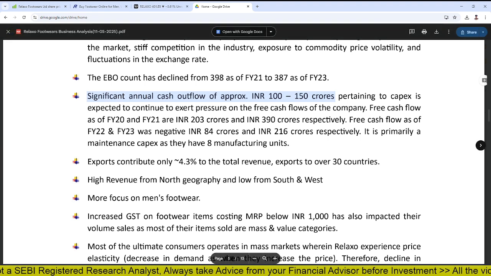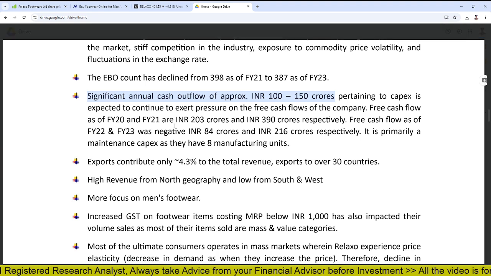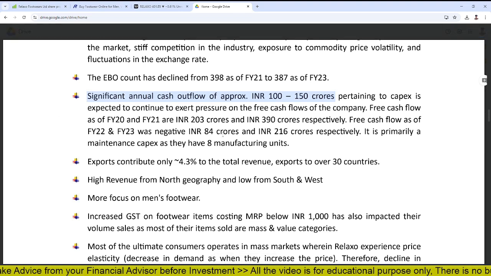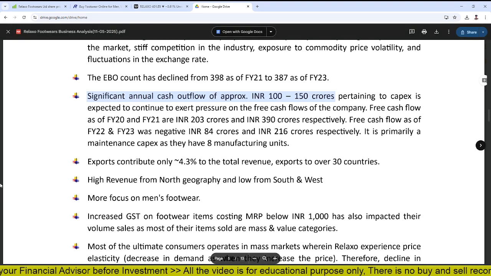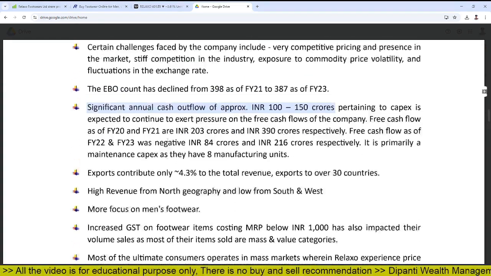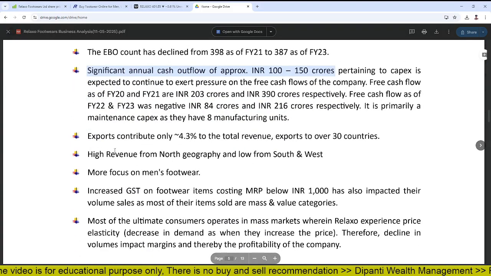Free cash flow as of FY20 and 21 was 203 CR and 390 CR respectively. Free cash flow as of FY22 and 23 was negative INR 84 CR and 216 CR respectively, and it is primarily for what? For maintenance capex, as they have 8 manufacturing units. So for the capex purpose, capital expenditure purpose, the cash flow was seen negative. So that is the negative point as enterprise.